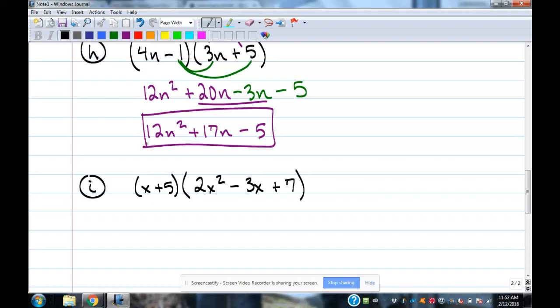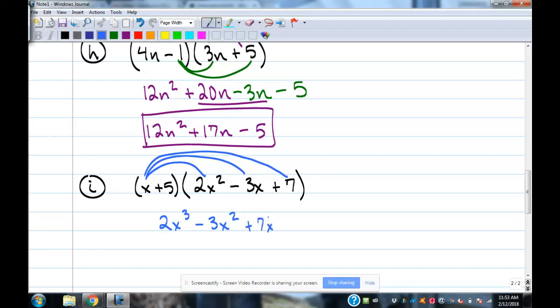Yeah, because we're still just multiplying everybody in this one times everything in that one. So let's start with the x. How many times do I distribute the x? 3 times. So x times 2x squared, 2x cubed. x times -3x, -3x squared.